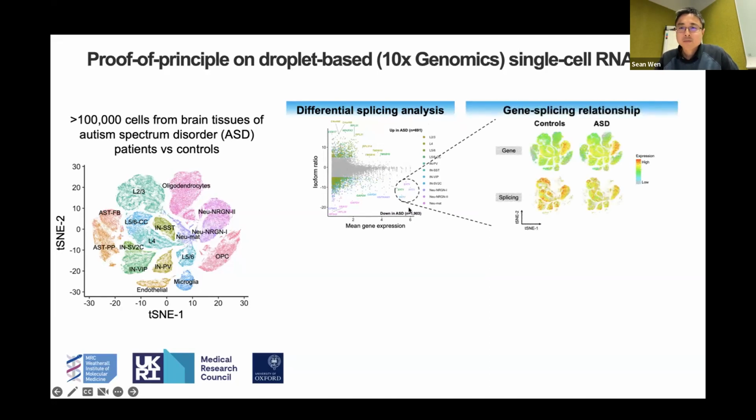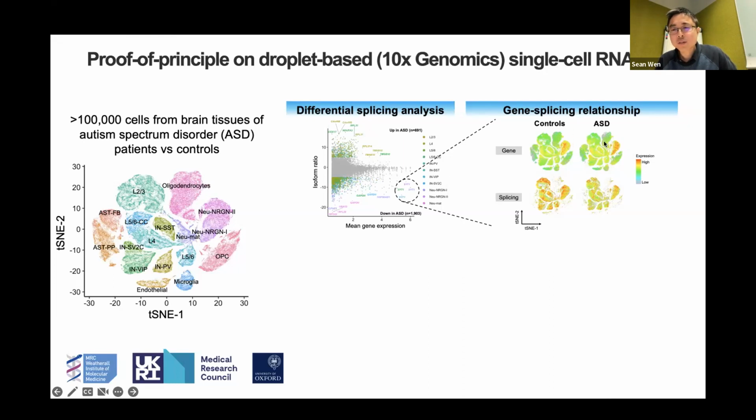And what's really nice is that if we look at the top most differentially expressed splice junction, it belongs to this gene called SYT1, which is a canonical marker gene for certain cell types in the brain. Because it's a canonical gene, you don't expect it to be differentially expressed between the controls and individuals with autism.